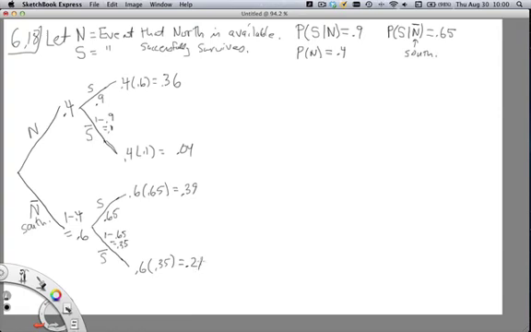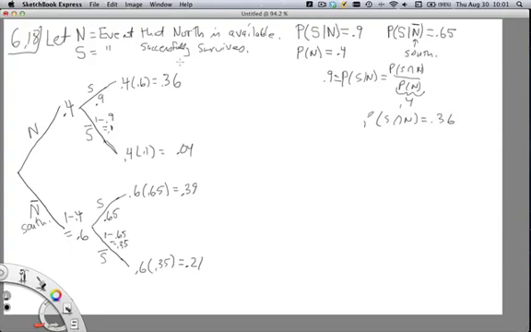Now if you want to check your work, all of these leaves should add up to 1, and sure enough they do. Now let's just think a little bit about what I've done here. Remember, the probability of S given N, let's just start with that, is really the probability of S and N divided by the probability of N. Now we know this is 0.9, we know this piece is 0.4, therefore the probability of S and N is 0.36.